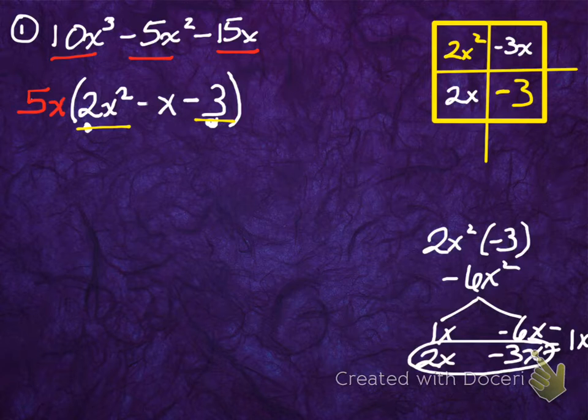I am going to look at my first row, and 2x squared and negative 3x share an x. In my second row, 2x and a negative 3 share a 1.